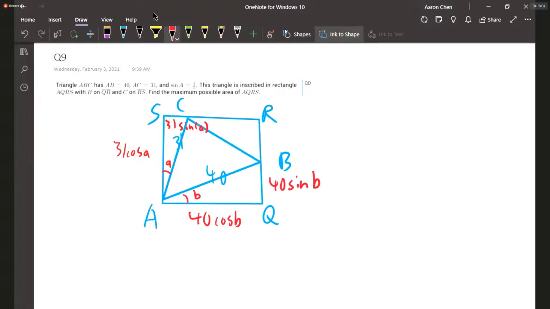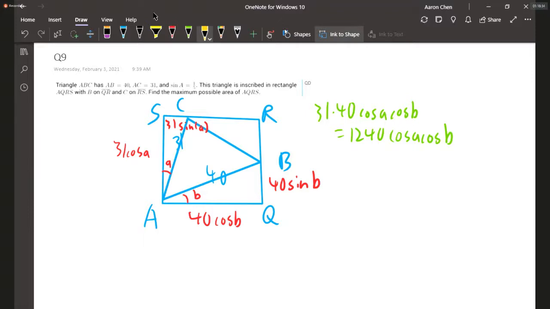And so the area of AQRS is 31 times 40 cosine A times cosine B, or 1240 cosine A cosine B. And you can use the cosine product-to-sum formula.